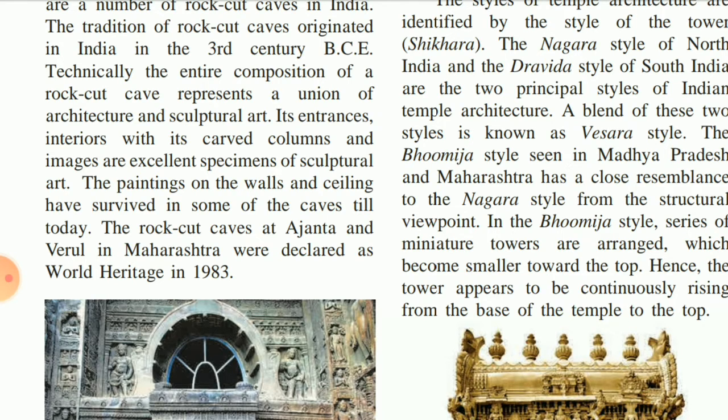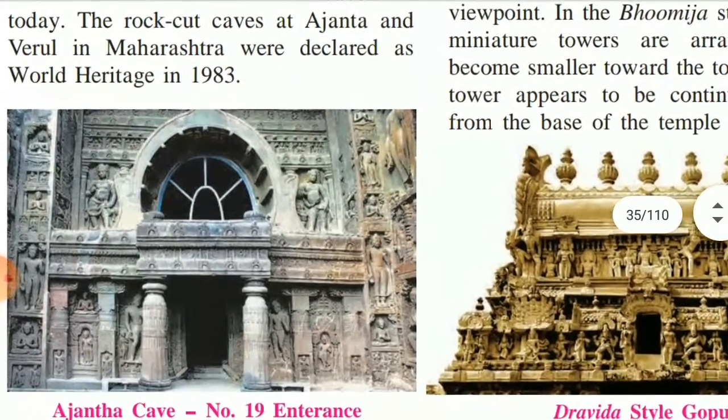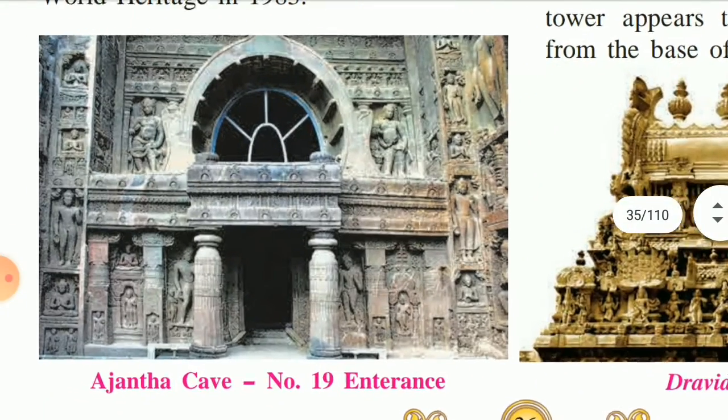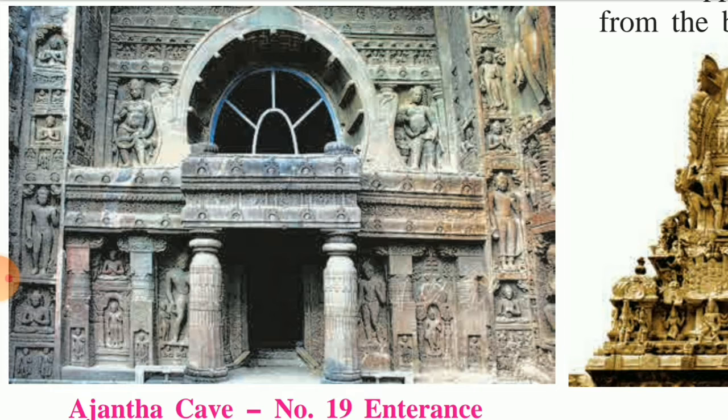If we look at the entrance of Ajanta cave number 19, it is beautifully carved out. You could see the carvings so nicely, the top floor, the down floor, the entrance.